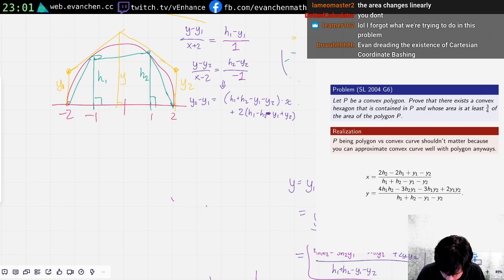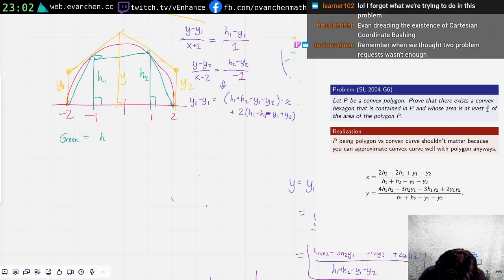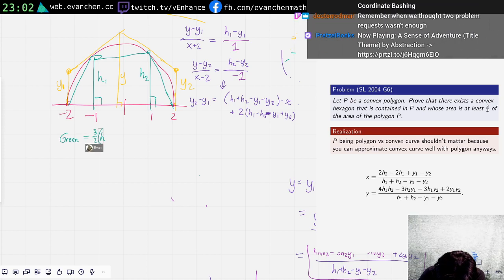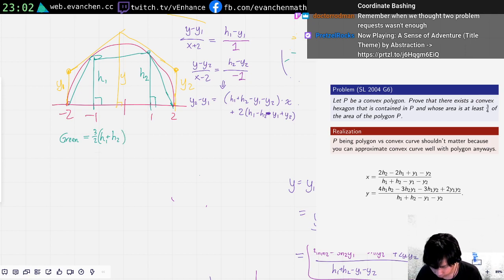Okay, so green area is equal to h1 times 3/2 h1 plus h2, I hope. It's like 1/2 h1 and then plus h1 plus h2 and then plus h2.